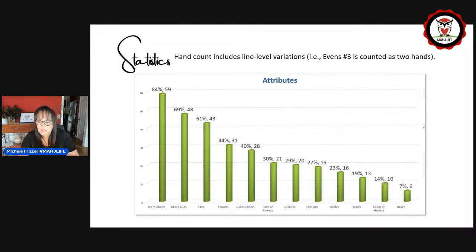The other thing I want to mention is that with mixed suits and one suit, the comparison there is significant. We have 69% of the hands on the card in mixed suits, where only 27% is in one suit. So while you're gathering tiles, keep every tile that you can potentially use for your category. And that's going to maximize your options, because you're going to have the choice of one suit or mixed suits later.